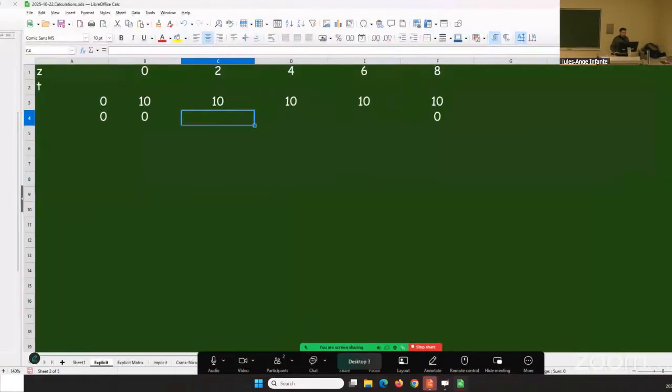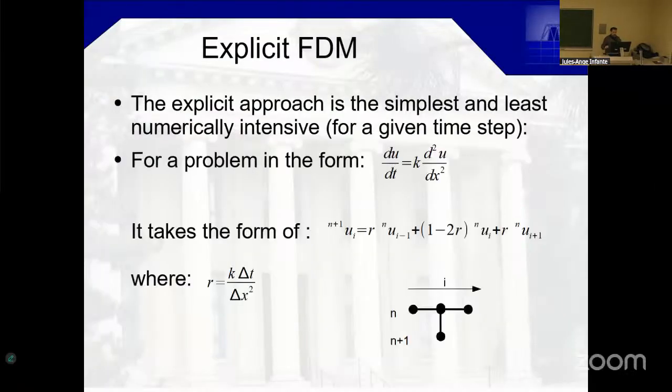How it changes though, it depends on this equation. So at U_i, I have R, so I have to calculate the value of R for my little equation.